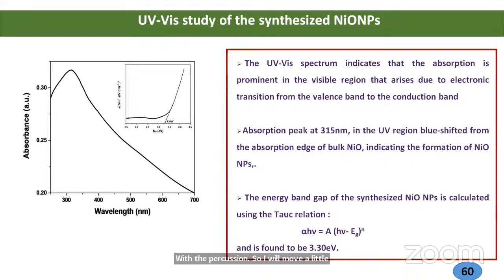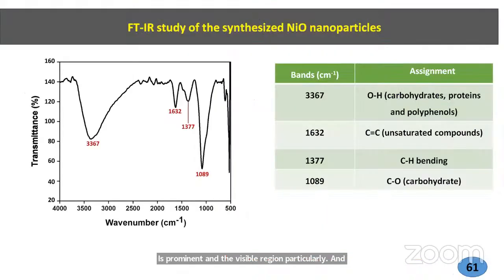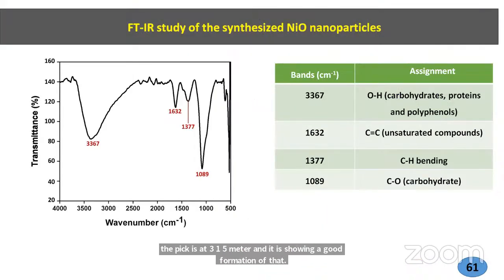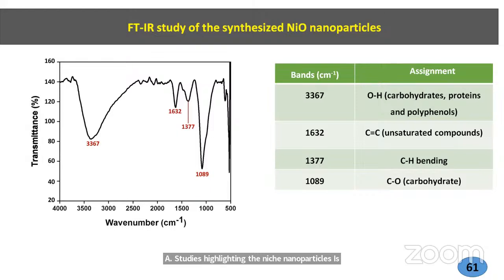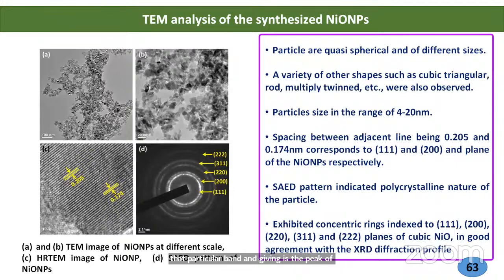The UV study indicates that a particular absorption is prominent in the visible region, with the peak at 315 nm, showing good formation of the nanoparticles. FTIR studies highlight the nickel nanoparticles at particular bands, giving peaks assigned to different groups. TEM analysis of this nickel oxide shows the polycrystalline nature, meaning there are different bands corresponding to different planes.